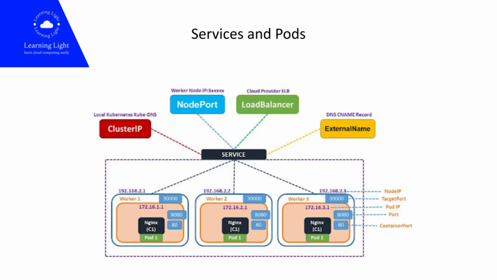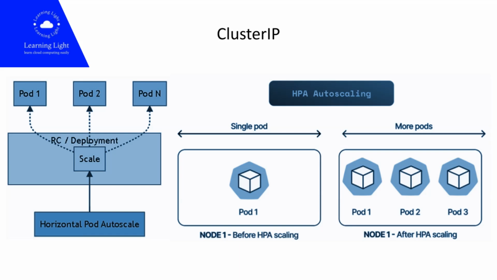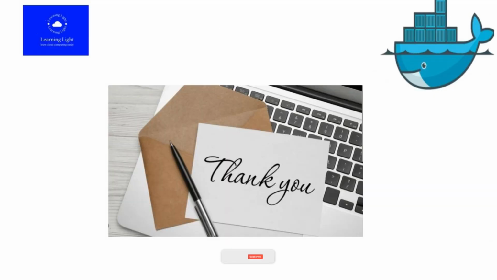Kubernetes is also responsible for horizontal pod autoscaling, which will automatically scale in and out depending upon the workload, and how we can specify the metrics so that the horizontal pod autoscaler can scale our workload accordingly. All these exciting things we will be seeing in upcoming videos.